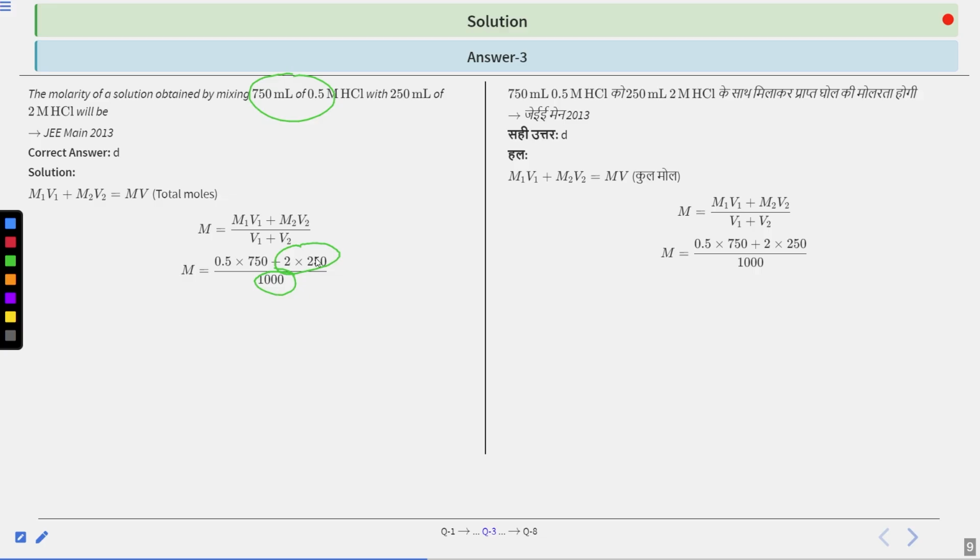Because on the upside and downside, if you multiply by 10 to the power 3 to get this millimoles to mole, you also have to multiply the total volume by 10 to the power 3. That will at last get cancelled out. For that reason, we don't need to do it. So the molarity comes out to be 0.875 molar solution. Moving on to the next question.